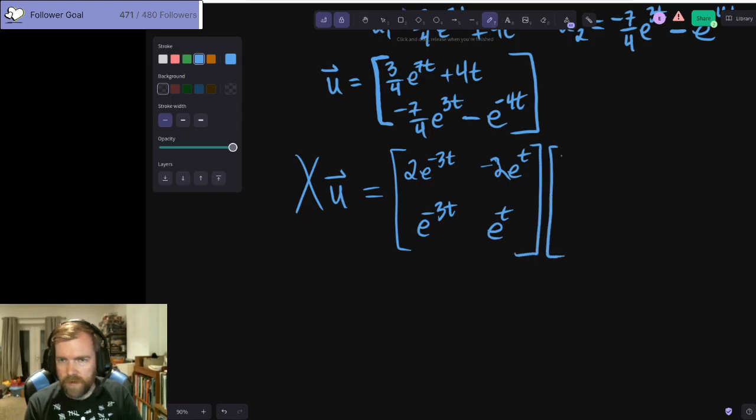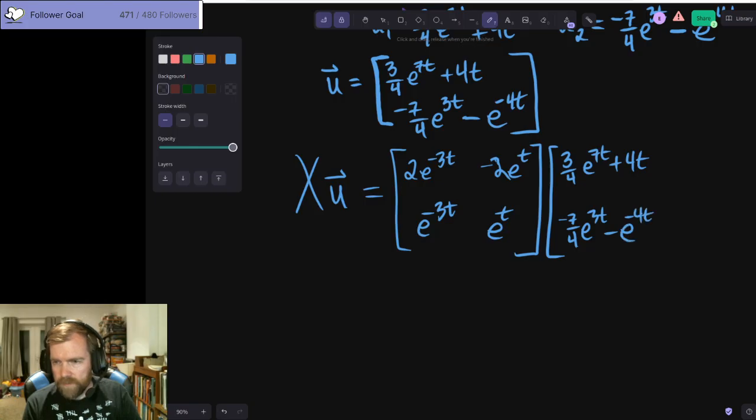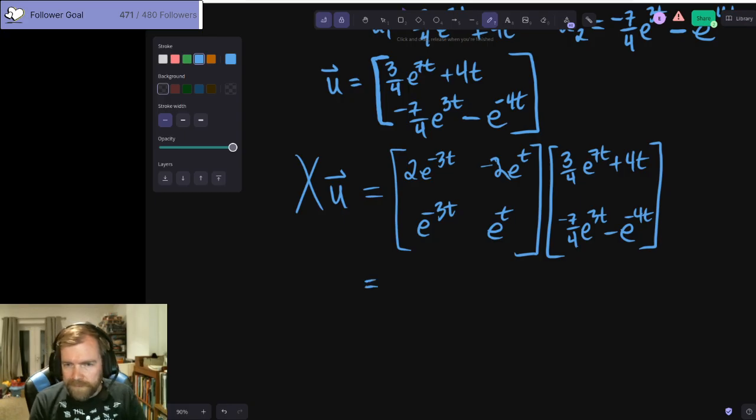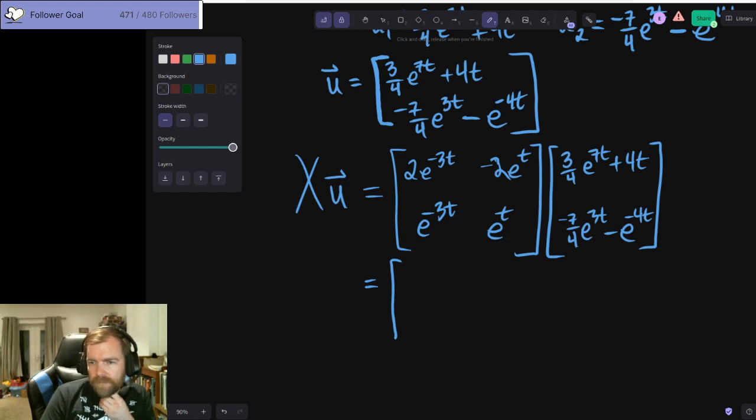Multiplied by our u, 3/4 e to the 7t plus 4t, negative 7/4 e to the 3t minus e to the negative 4t. Which is then going to be equal to, oh goodness, gotta go and add everything up.